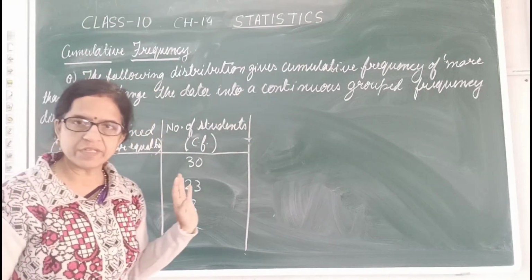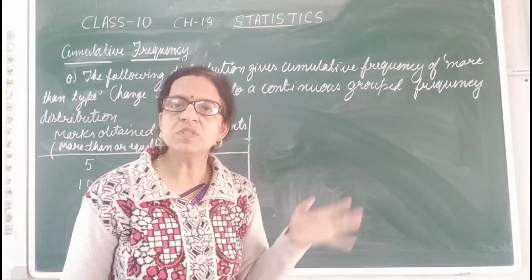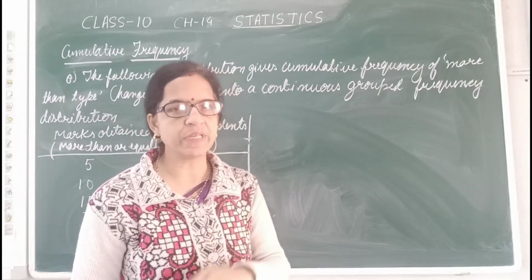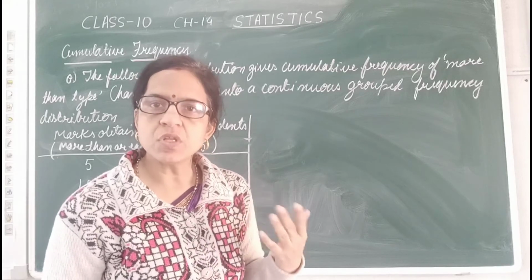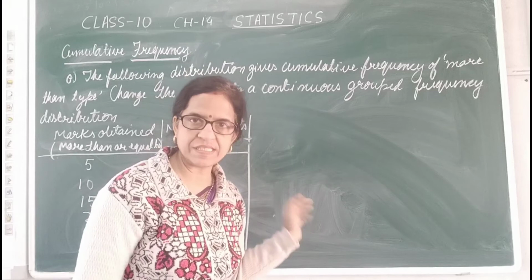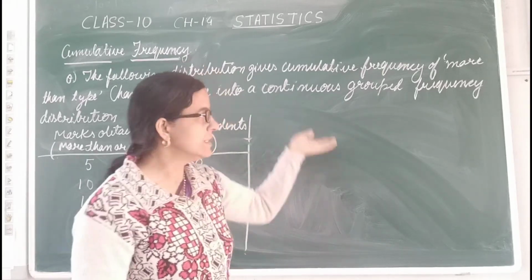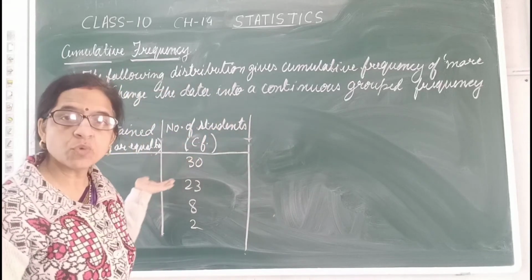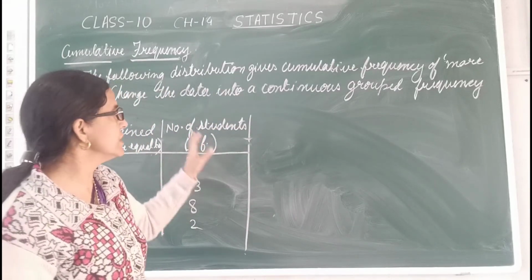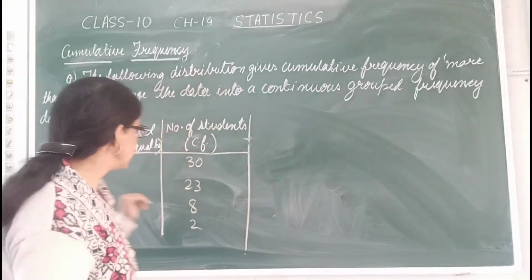Till now we have learned how to convert a grouped frequency distribution into a more than type and a less than type cumulative frequency distribution. We also came to know how to make the cumulative frequency table. So three things we know. Now the reverse one: the more than type cumulative frequency distribution is given, how to convert it into a simple continuous grouped frequency distribution. So let us understand that also.